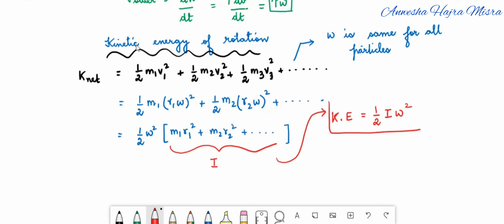Now let us analyze the expressions and find out the difference between translational and rotational.